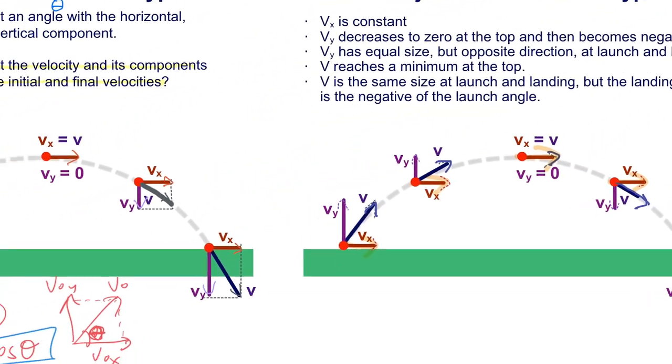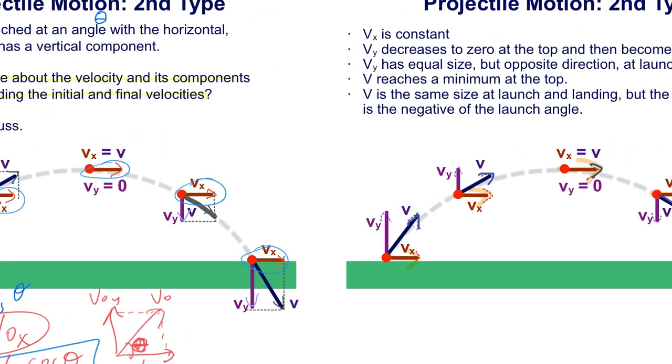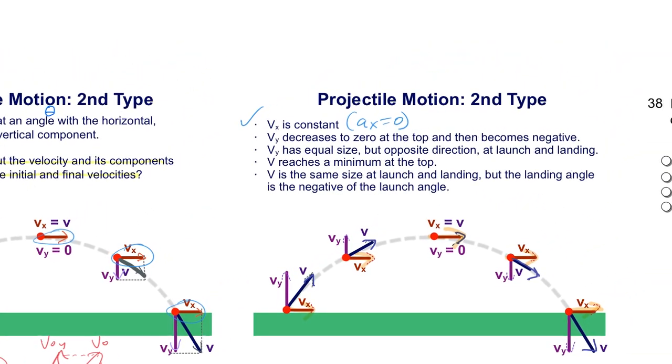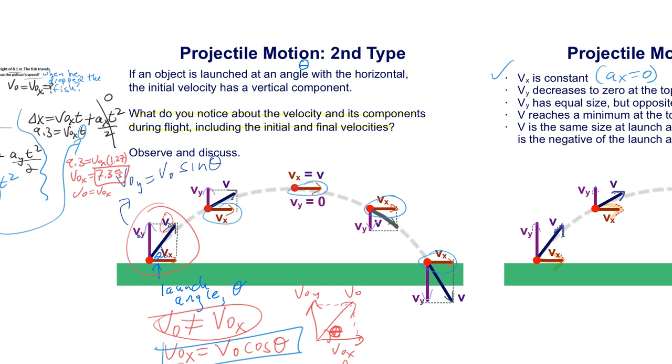Okay, notice that the Vx component stays consistent throughout the whole entire trip in the air. So Vx is constant. Why? Because Ax is still 0. Now Vy decreases to 0 at the top and it becomes negative. So Voy, you can see this arrow is decreasing until the top.